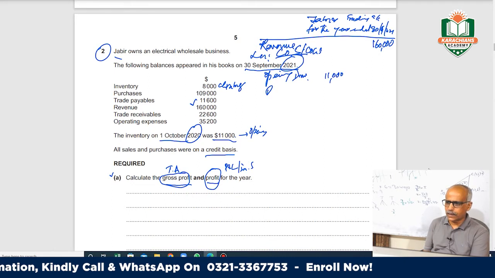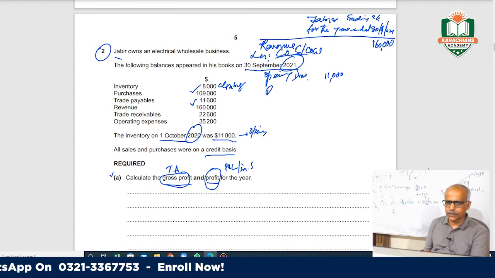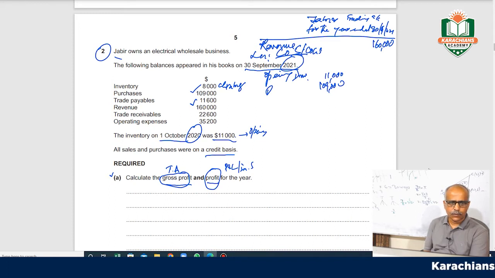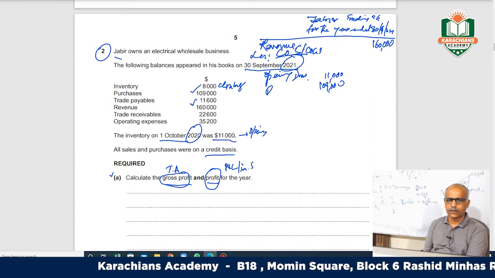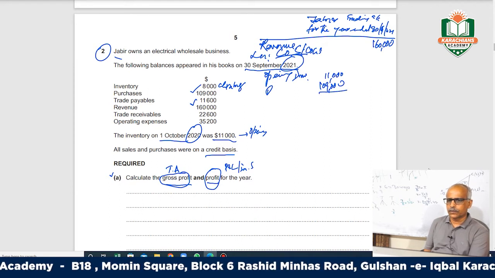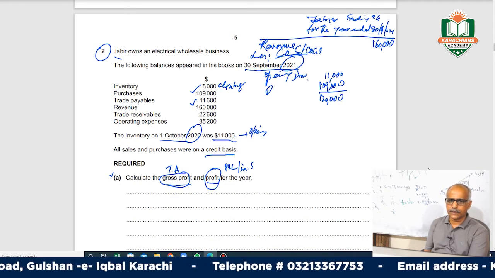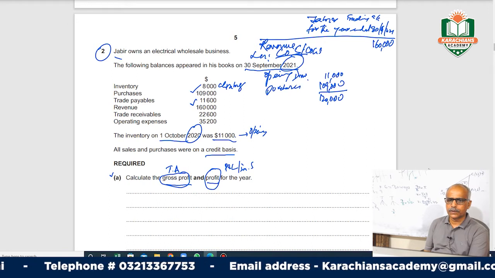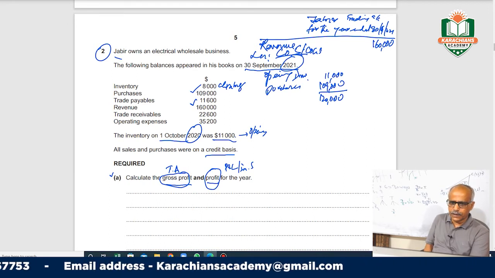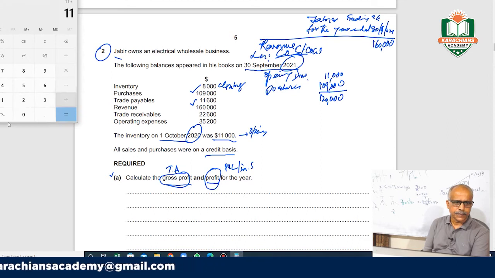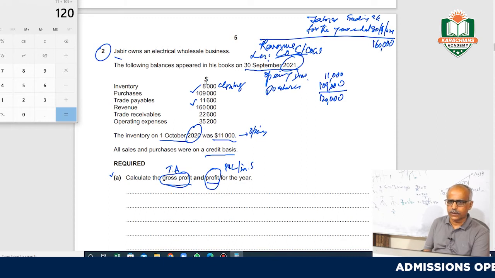Your purchases are 109,000. Is there any purchase return? No. Is there any carriage inwards? No. Then the total is 120,000. 11 plus 109 is 120,000. So we are done with these two pieces of information.